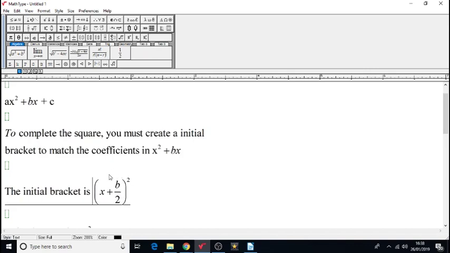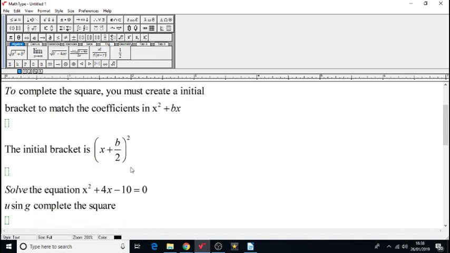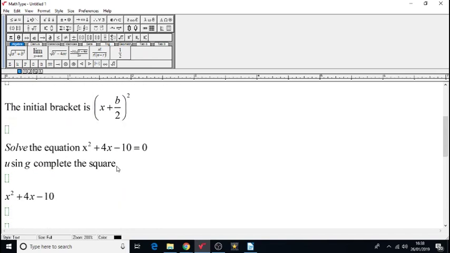And then once you multiply out the brackets to compare if it matches the original quadratic equation, you'll find out what adjusting number you need to add or subtract to work out the difference. So let's move on to the first question.